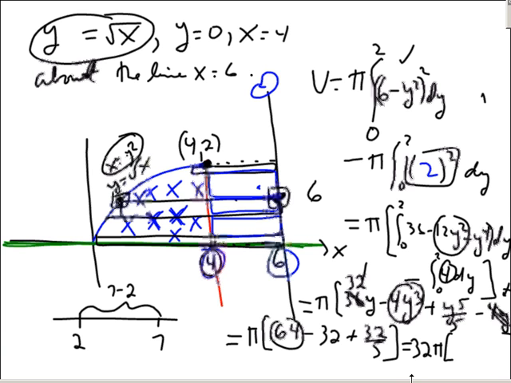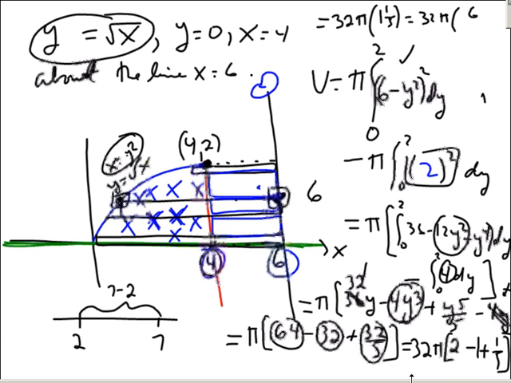From the first term you have 2, minus 1 from the second, 2 minus 1 is 1, and from the last term you have a fifth. 1 plus a fifth is 1 and 1/5. So the final answer is 32 pi times 1 1/5. But 1 1/5 is 6/5, and 32 times 6 is 192 pi over 5.